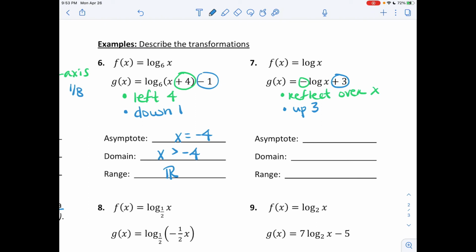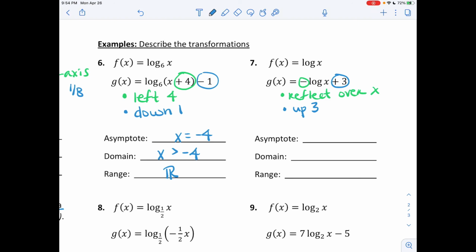Now both of these transformations affect vertical values only. Remember that reflecting over the x causes positive y values to become negative y values. Moving up by 3 is going to also affect y values only. And so my asymptote, which is at x equals 0 for my parent function, isn't going to change here.